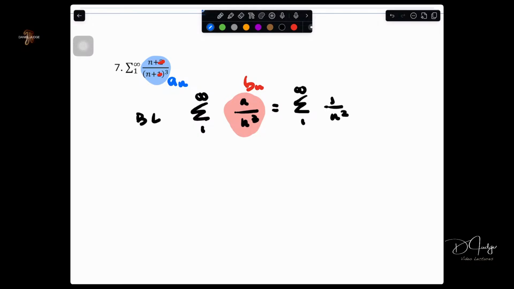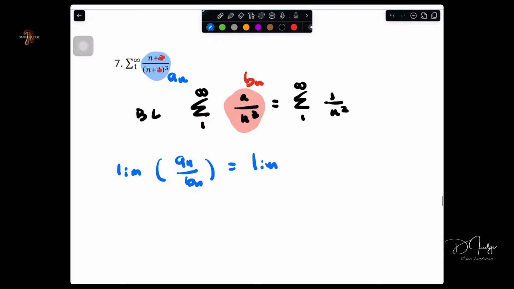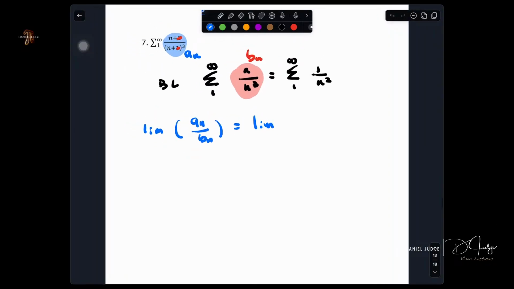So we need to look at the limit now of the ratio a_n to b_n, which is the limit of (n plus 2) over (n plus 1) cubed, divided by n over n cubed here.